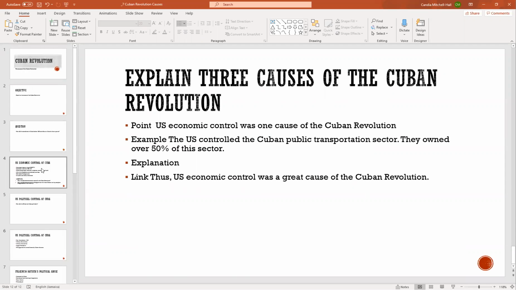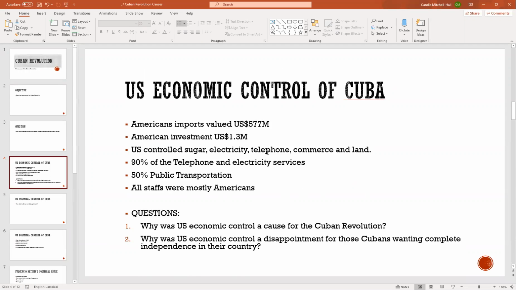Anybody else? You live in Cuba during this time, and the US controls the public transportation sector. All the staff that work in all of these areas were Americans. How would you feel? Tharp?